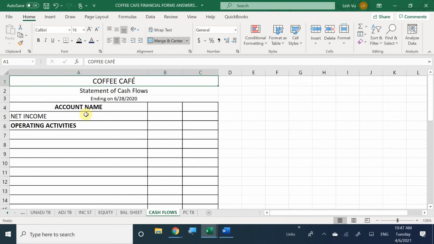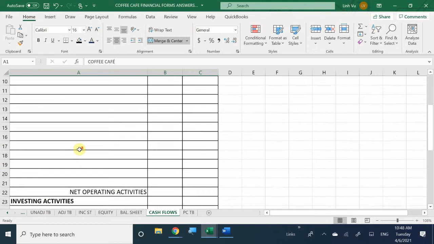So here, let's go ahead and break it down into the three categories. We have our operating activities, which is normally going to be any current asset, any current liability, and any other asset, plus your non-cash transactions, which we'll talk about in a second.